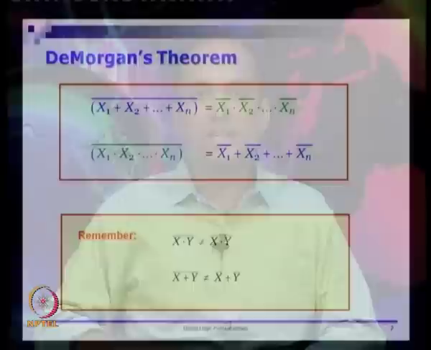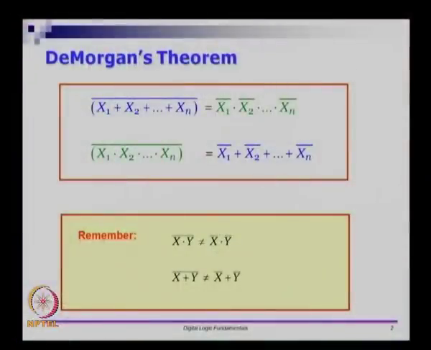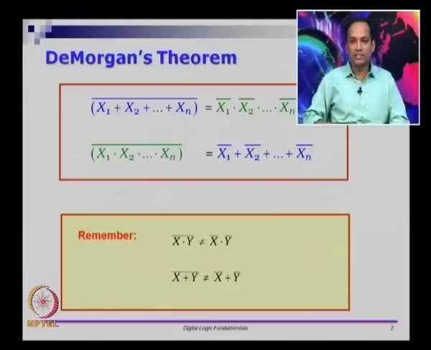This is something that you must have seen even in set theory, and this is a very useful theorem to know, and you will see it used in several places. So, De Morgan's theorem basically says that if you have n terms of the form, let us say x1 or x2 or x3 so on up to xn, and if you take the complement of that, so that is what you see in the topmost line here, the complement of x1 or x2 so on up to xn, it is the same as x1 complement and x2 complement and so on up to xn complement.